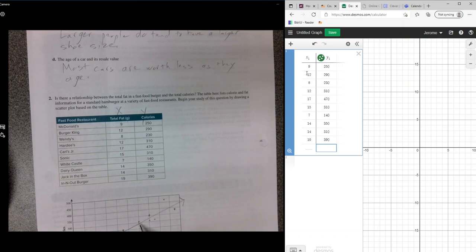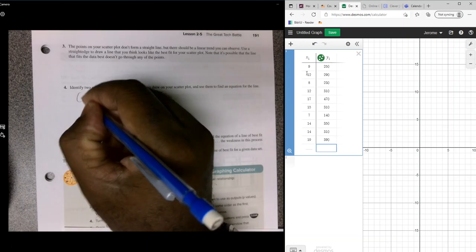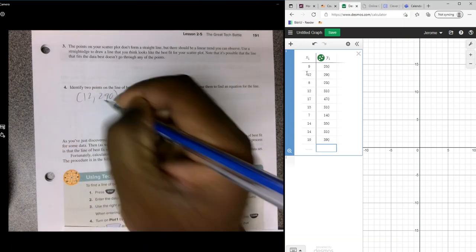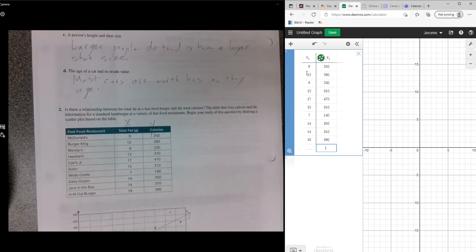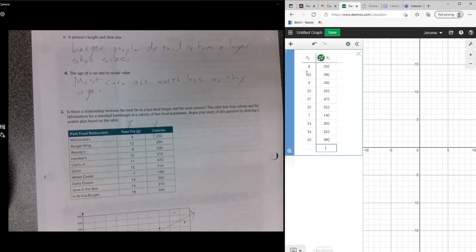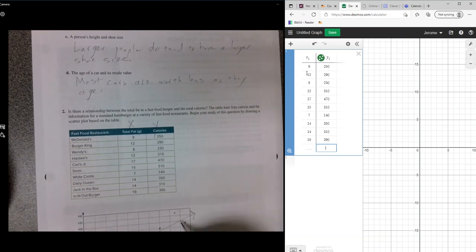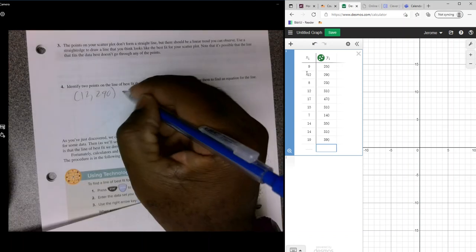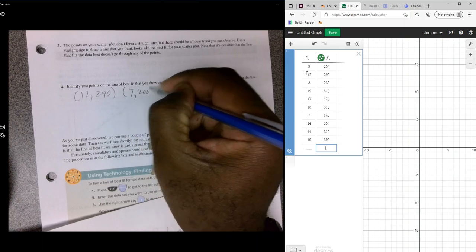So 1 point would be 12, 290. Now yours may look a little different than mine, but we're just grabbing 2 points from what we see. Does it hit any other place exactly? It actually hits here at 7 and 200. Okay, so those are my 2 points.